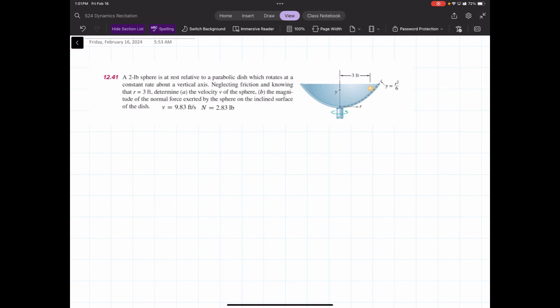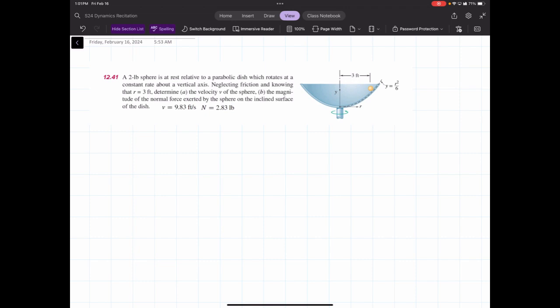Okay, so in this problem, we have a sphere in a dish. The dish is rotating around the vertical axis. And we want to find out the velocity of the sphere and the magnitude of the normal force exerted by the sphere on the inclined surface.